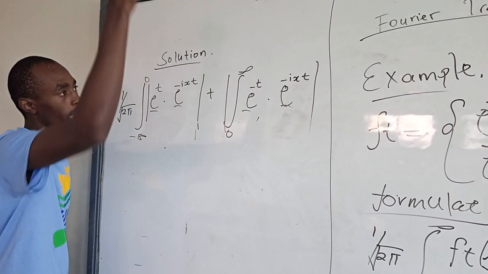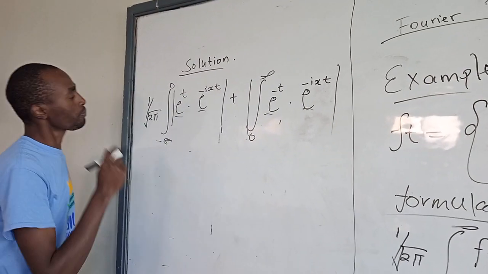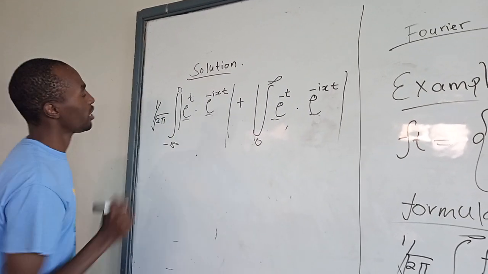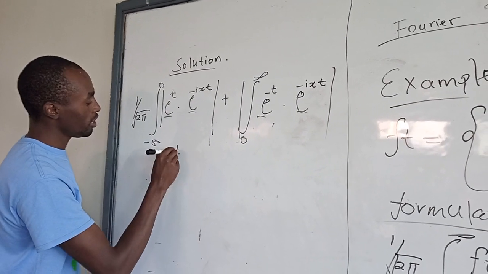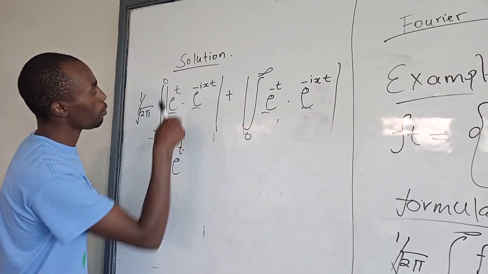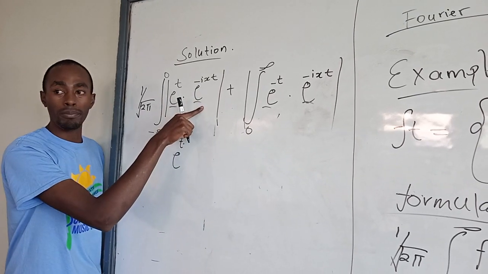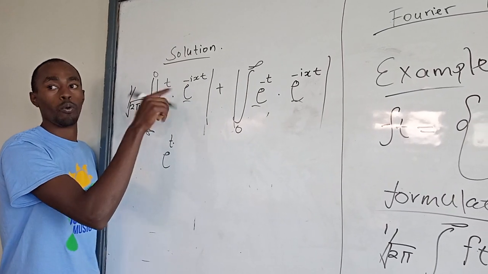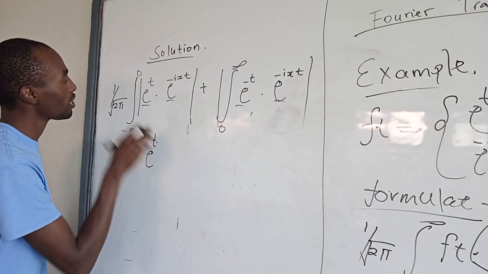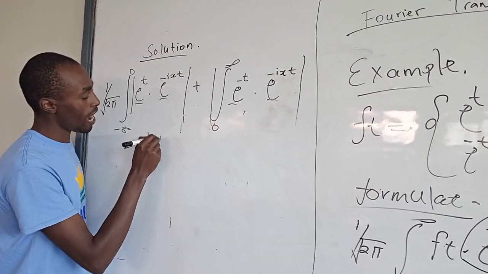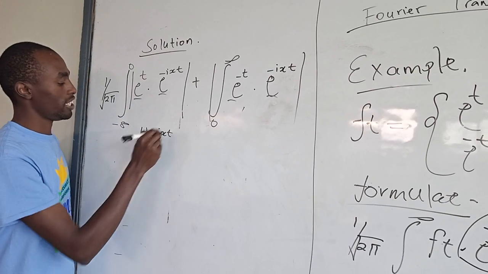We dealt with that in logarithm. Having this in mind, we are going to have e^t, because when the base is the same, you add the power. So we are going to add the power, that is t minus ixt.